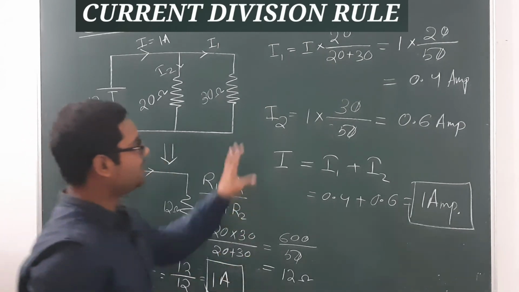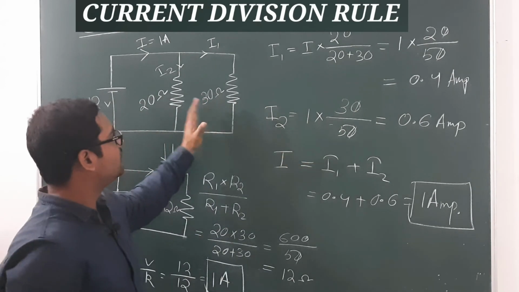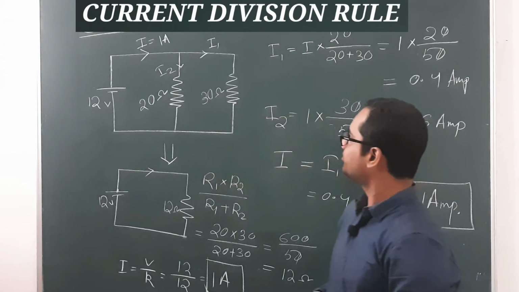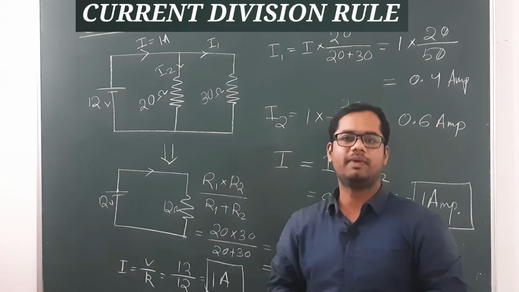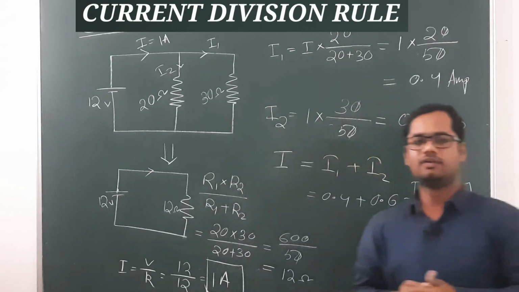So we applied the current division rule and satisfactorily found the current values. Thank you. This elaboration may help you understand the current division rule easily. Stay with us.